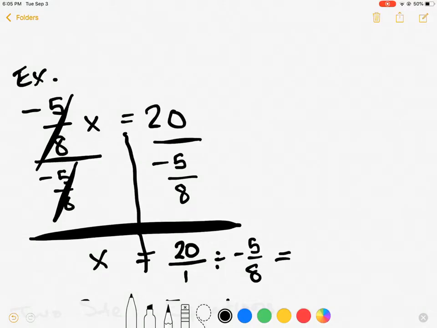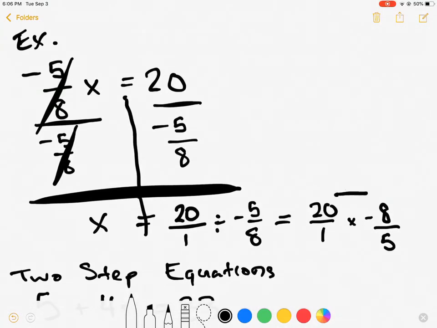So we can simply take our 20 over 1, and this time we'll multiply it by the reciprocal of negative 5/8, which would give you a negative 8/5. You can just switch your numerator and your denominator, and if you flip those, you have a multiplication problem that you can finish.